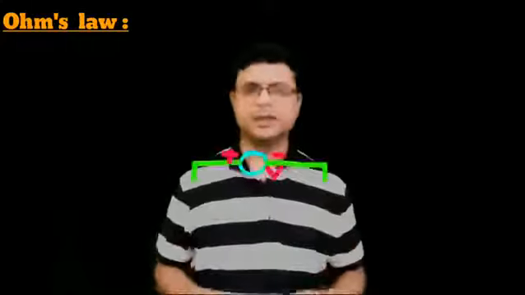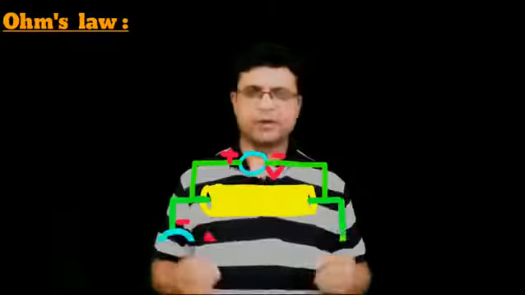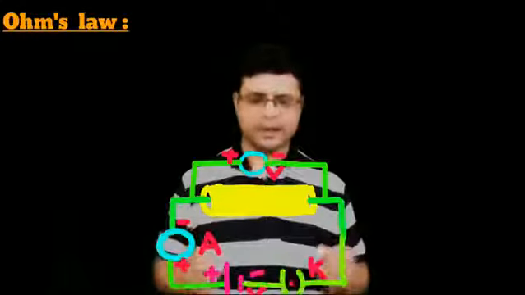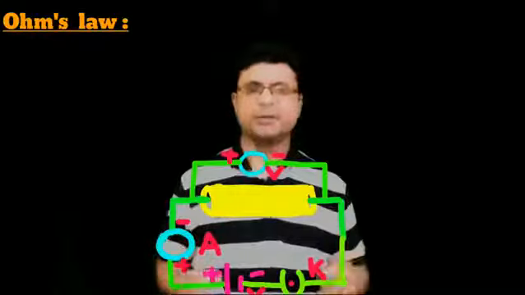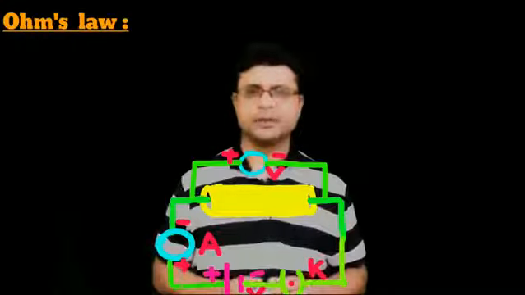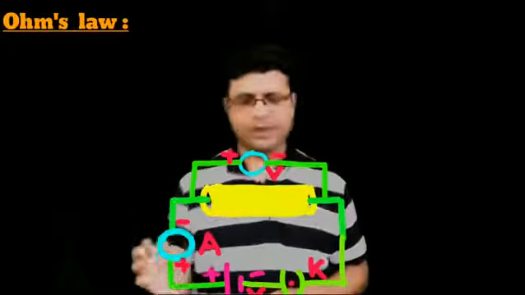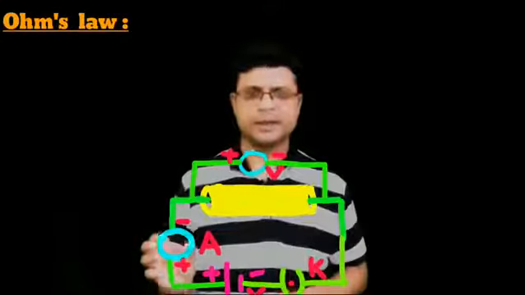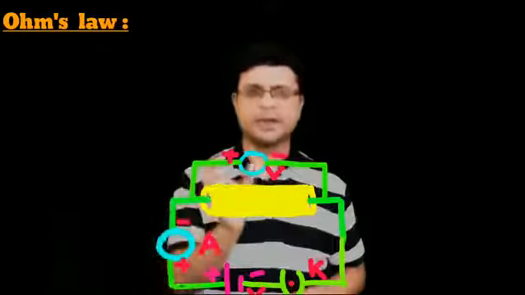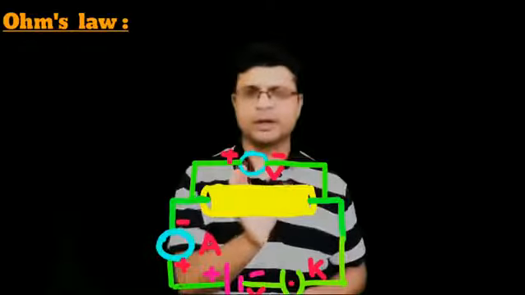Now let us see what Ohm did in his experiment. In this circuit you can see that a conductor is there and a battery is connected. With the battery, a few things are there. One is an ammeter, next is a voltmeter connected across the conductor.